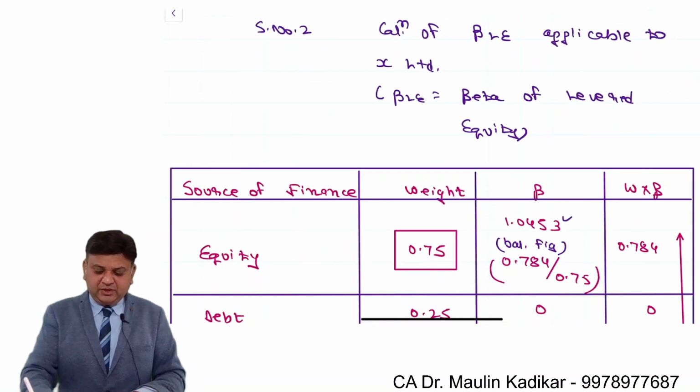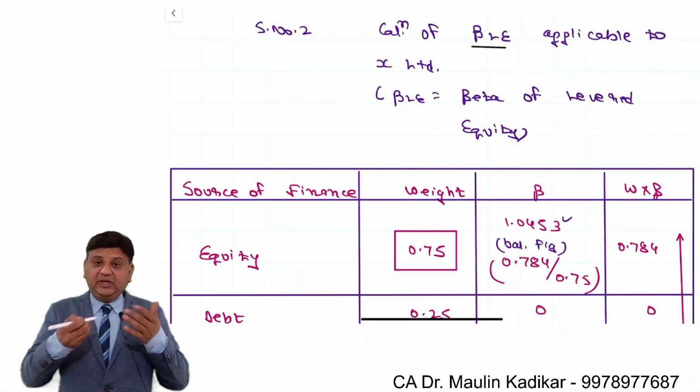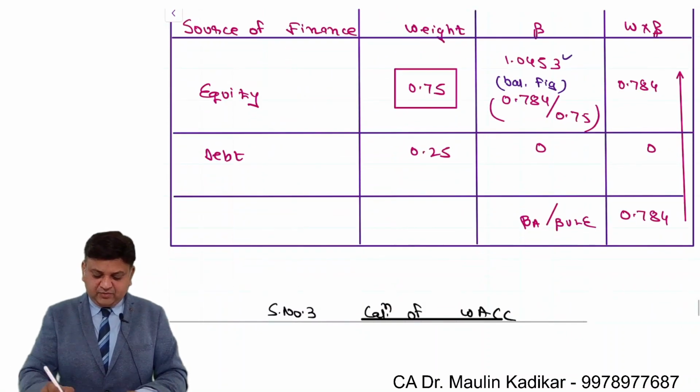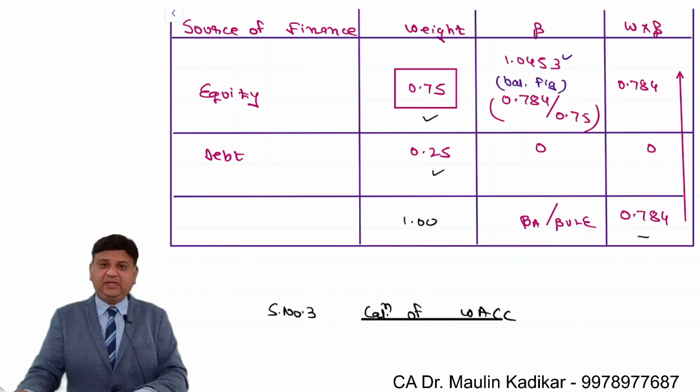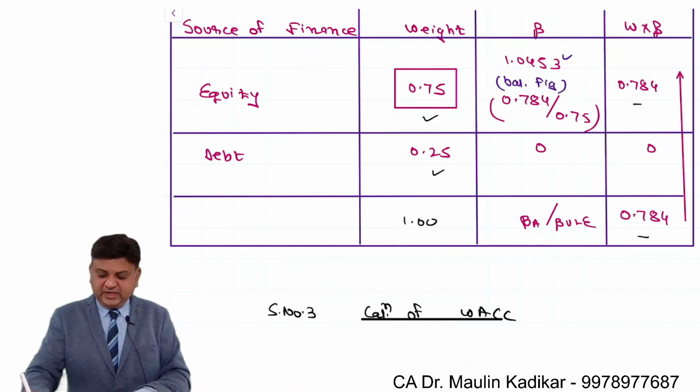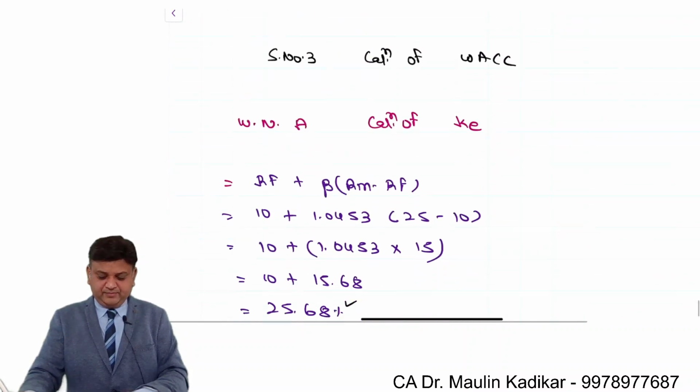Step number 2, calculation of the beta of the levered equity, considering the capital structure that we are going to keep 25% debt, so 75% is equity. Overall beta of the levered equity is 0.784. So this is found as balancing figure 1.045.